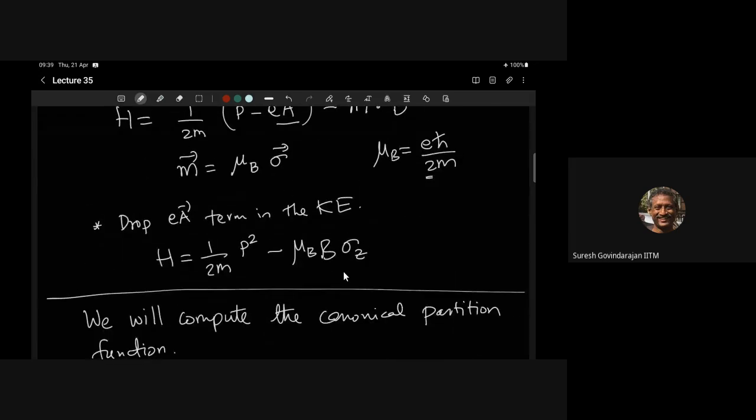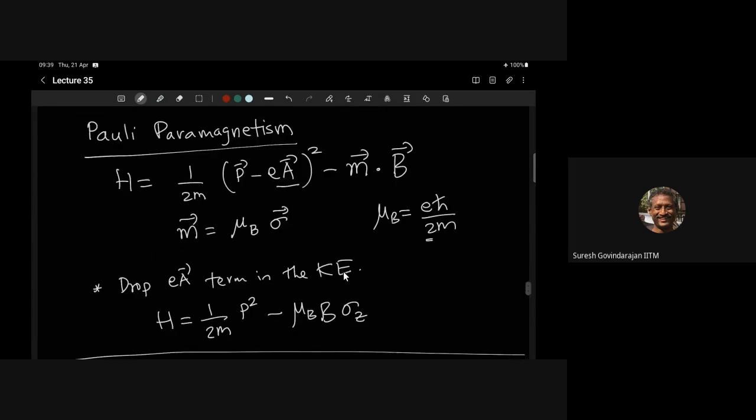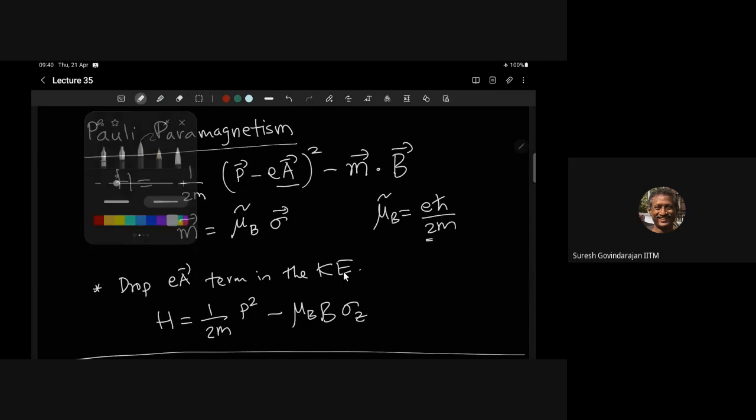So I need to multiply this by 2. But that's not correct. Bohr magneton has a 2 usually. I'll call it mu tilde. I don't want to use mu because mu is used for chemical potential. So mu tilde, it's 2.